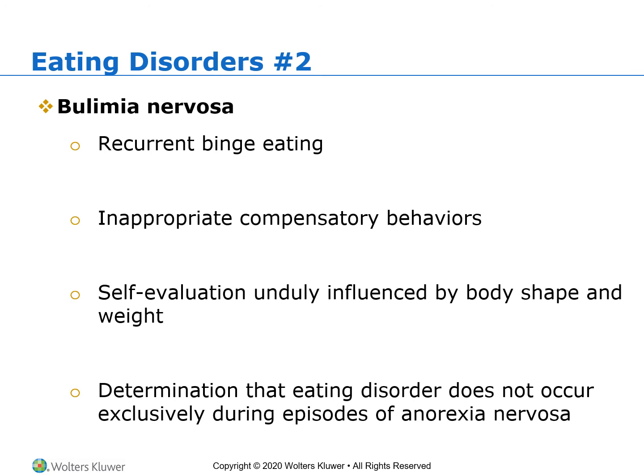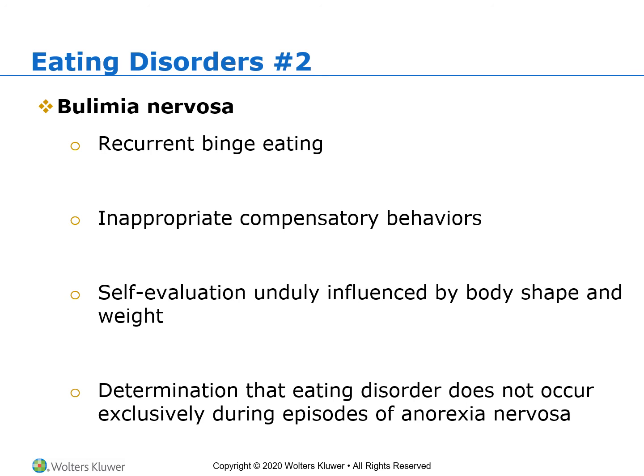Also, bulimia nervosa is subdivided into two categories. They like to divide them into people who indulge in purging, vomiting, or abuse of laxatives and diuretics, versus people who go on fasting or excessive exercise. Again, this is also associated with psychiatric disorders, anxiety disorder, and depression.